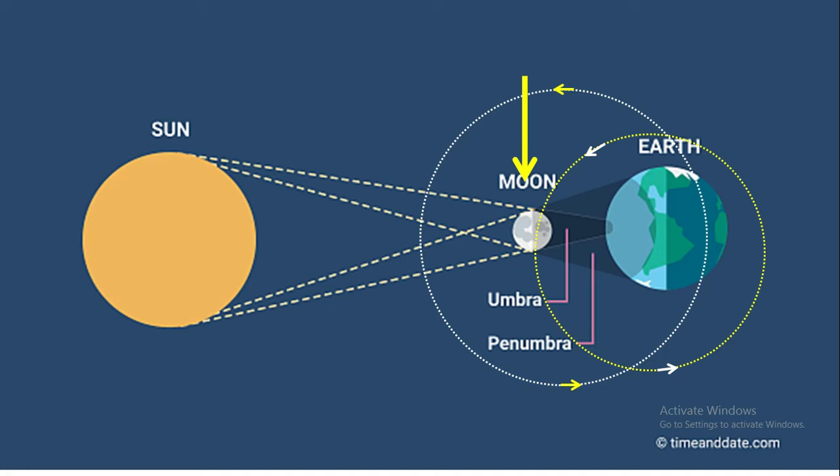Because of the position of the moon, sun rays are blocked by the moon, and these rays or sunlight cannot reach the earth. So as a result, some parts of earth may observe complete or partial darkness, and this darkness is called solar eclipse.